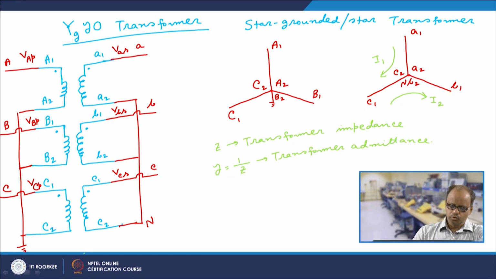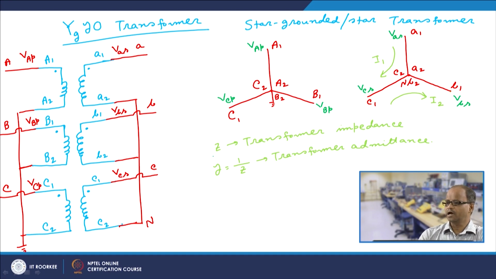Now, let us denote these potentials. These potentials are VAS, VBS, VCS, and this is VAP, VBP, VCP.